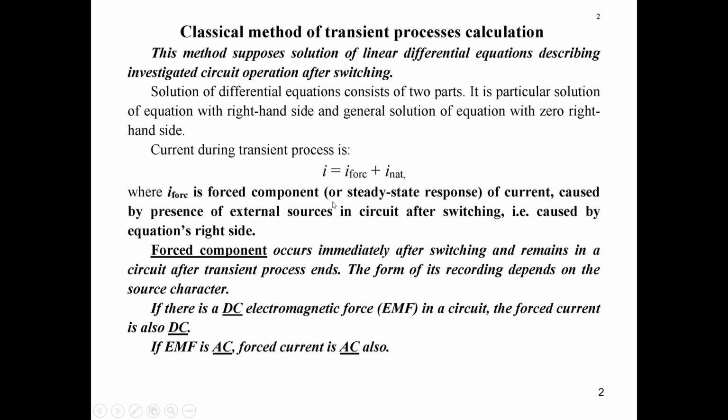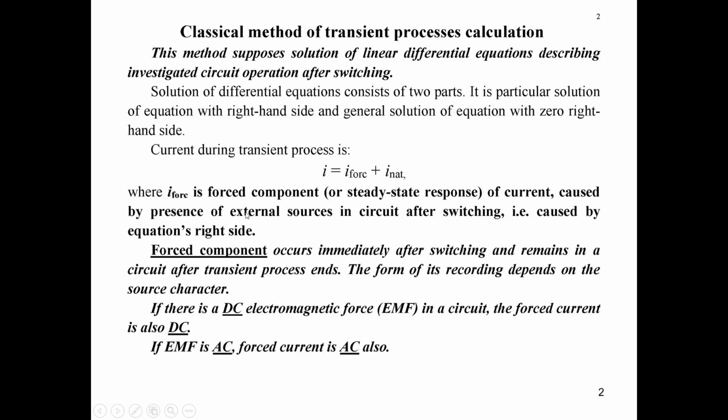So forced corresponds to steady state response of current. Here of current, it may refer to voltage also, and it is caused by the presence of external sources of electromagnetic energy in the circuit after switching.